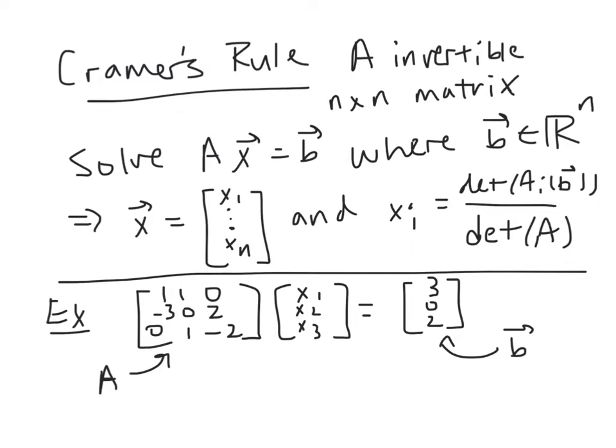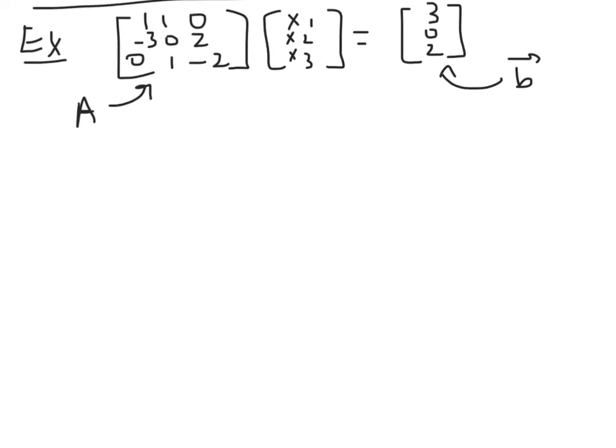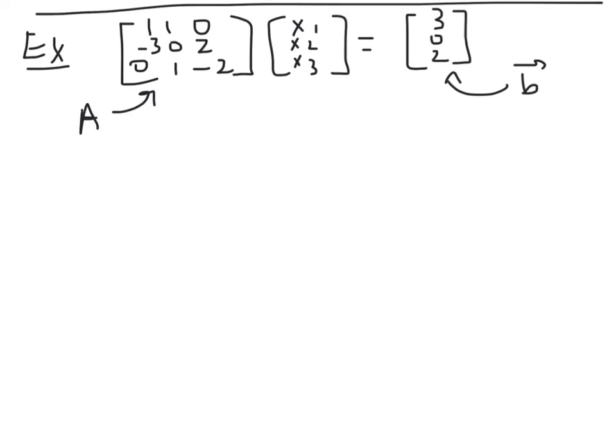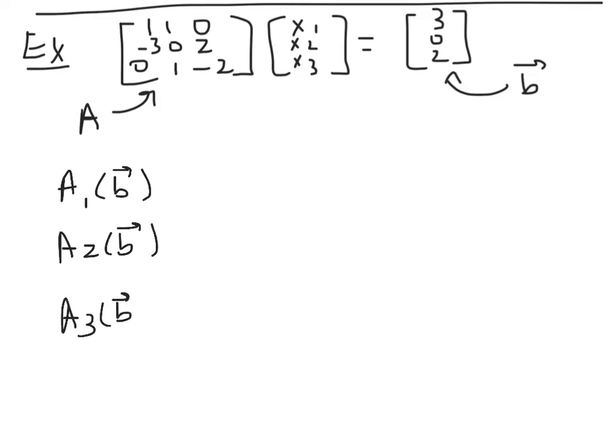So what I want us to do is I want you to try doing this, and write down what is the matrix A1 of b, A2 of b, and A3 of b. So that's where we replace the first column or the second column or the third column of A by the vector b. So pause the video and write down what those matrices are, and I'll tell you what the answer is in just a second.